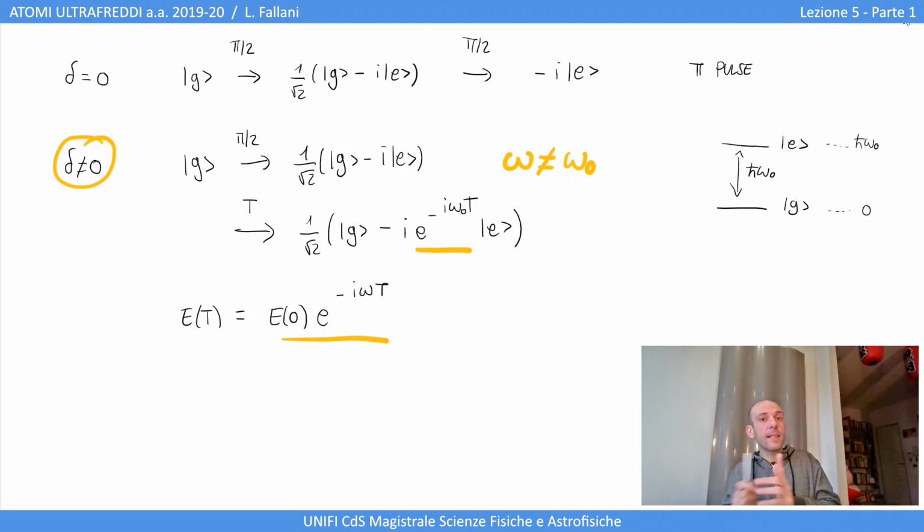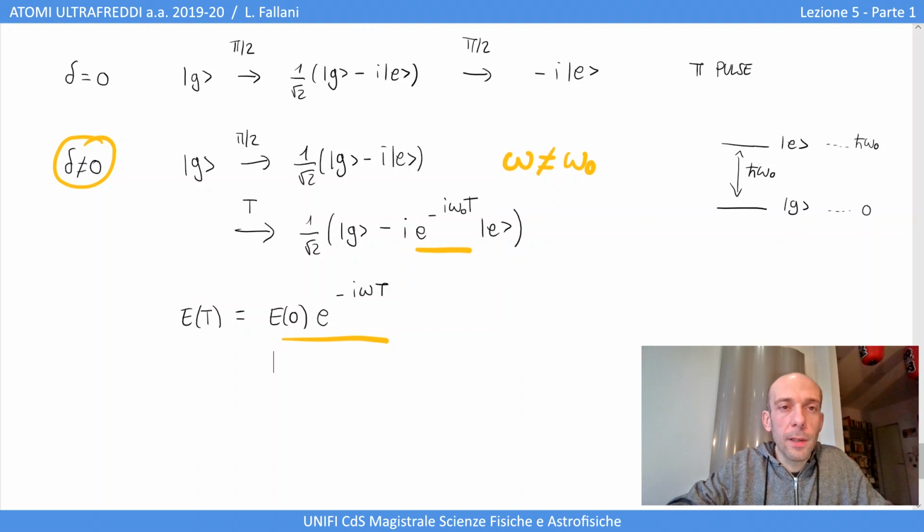And now, since the Rabi dynamics is crucially dependent on the phase relation between the field and the coherent superposition of G and E, this means that the effect of the second pi half pulse could be different and possibly lead to a destructive interference with respect to the first pi half pulse. So, this can be seen quite clearly on the Bloch sphere in this way.